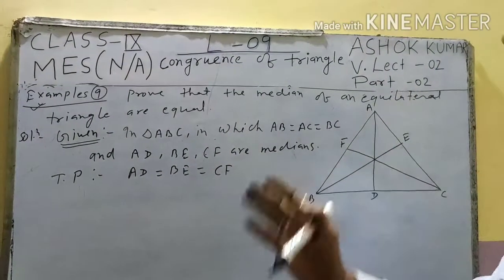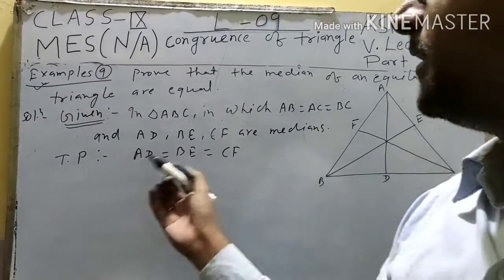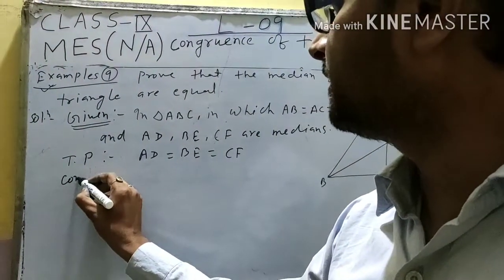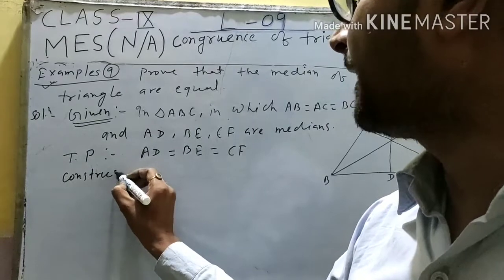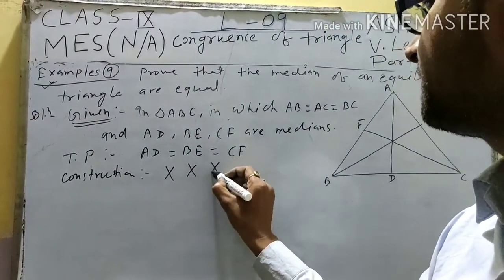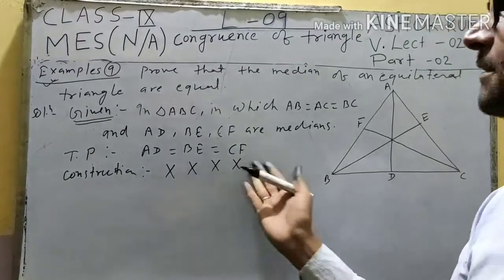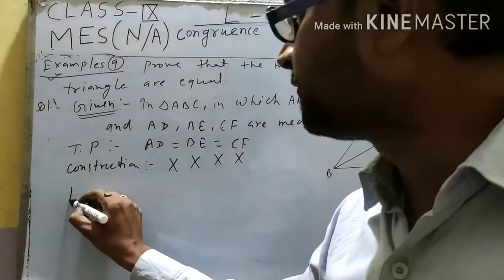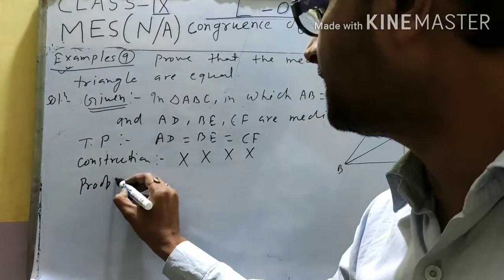That means medians are equal. Here there is no need to construct, but you have to write construction and just cross it out. Last one is the proof section.